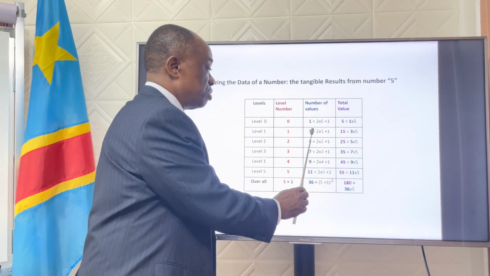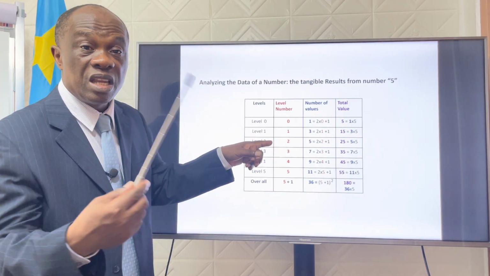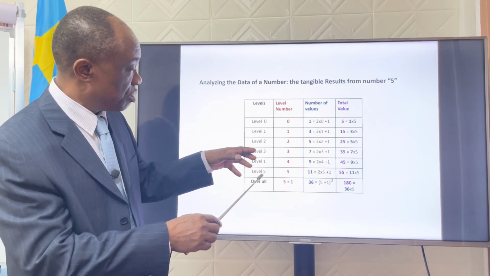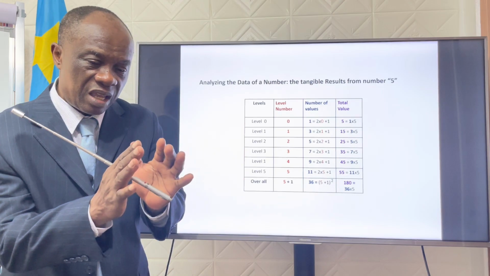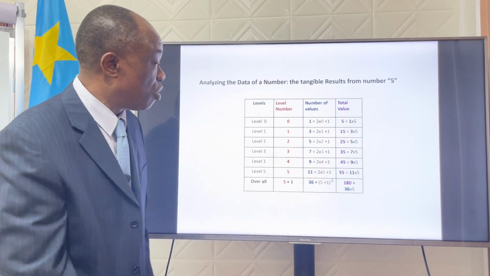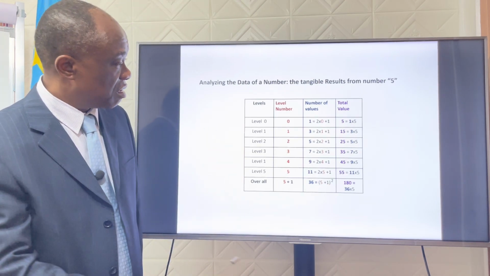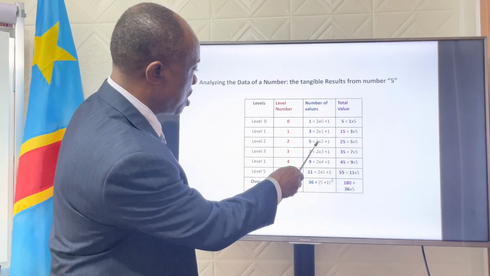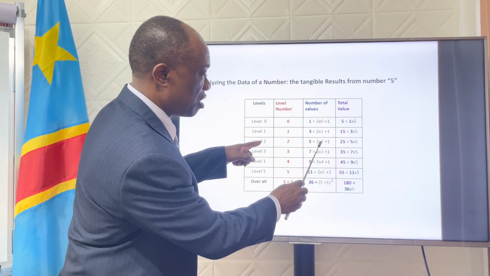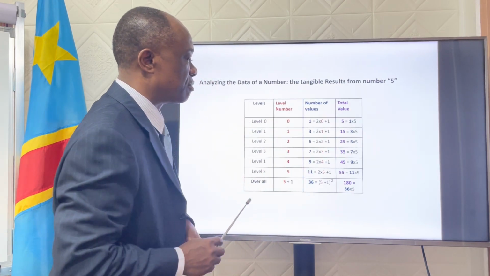And there is a formula to know how many values you have on a certain level. You take the level number times 2 plus 1. That's what you see here. Level number 2 times 2 plus 1 is 5.